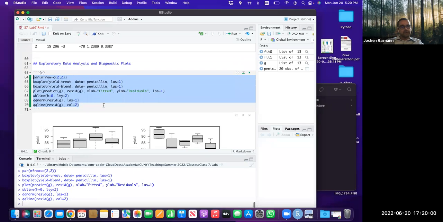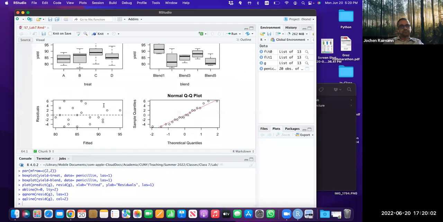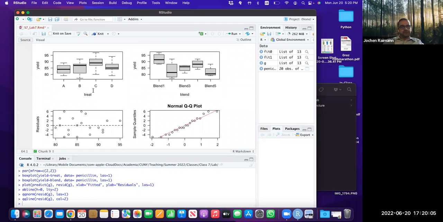By essentially predicting now two things. So you have here your yield as a function of your treatment. And you see that there are some trends, but we know from the model that there are no significant differences.